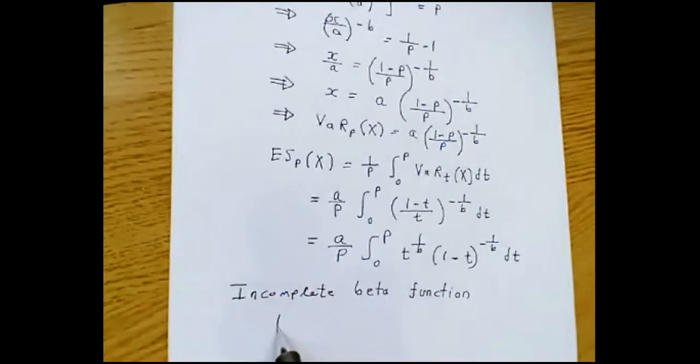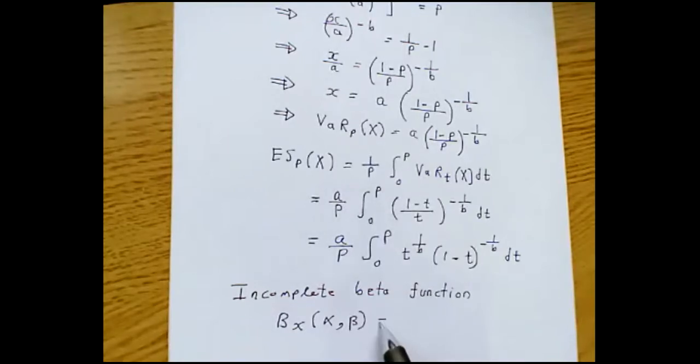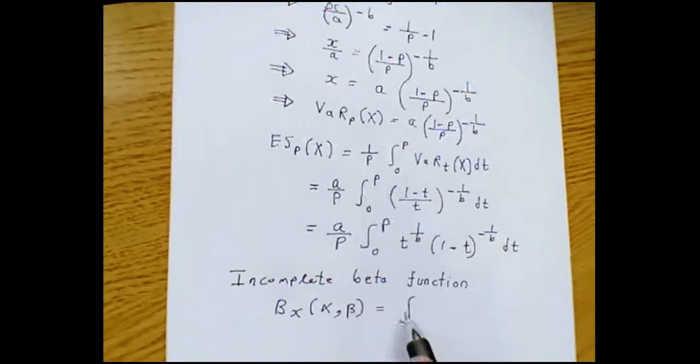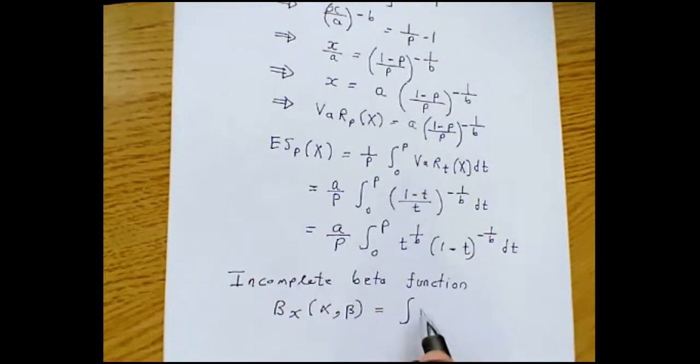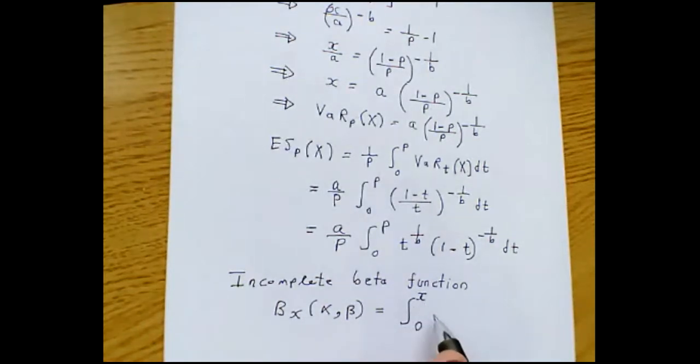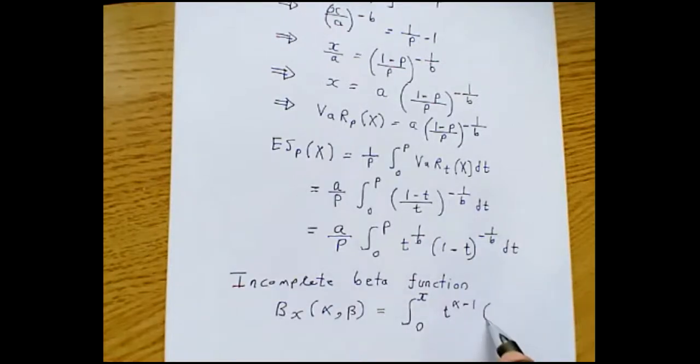The difference is as follows. For the beta function, you integrate from 0 to 1. But here you integrate from 0 to a fixed number x, but x is between 0 and 1. So that's the only difference between the incomplete beta function and the beta function. Apart from that, the integral is the same.